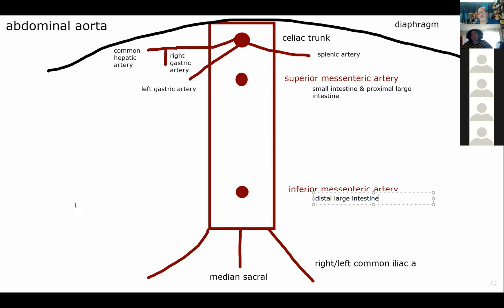Renal artery. There we go. And I heard plural on that, arteries. So how many do we have? Two. Two, absolutely. We have the right and left renal arteries. Excellent.